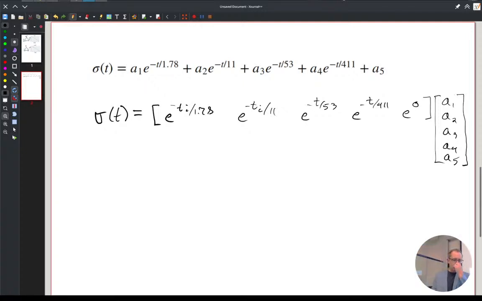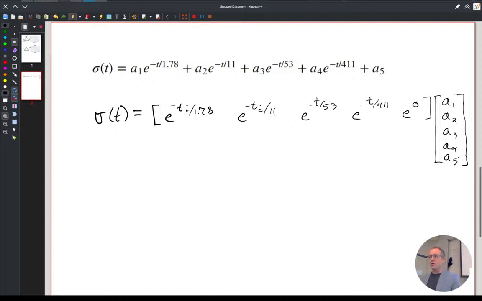So when we write out this equation, I have measurements of stress, and this is my function. I want to take all these functions of t, and they all have different amplitudes, and I don't know what those amplitudes are. I can pull out those amplitudes into some unknown a1 through a5. These are all the coefficients that I'm trying to solve for. And then everything else is just some function of t. And that function can be whatever we want.